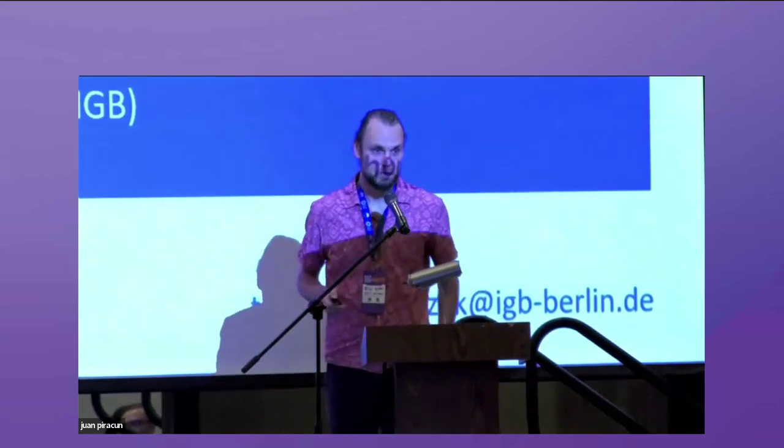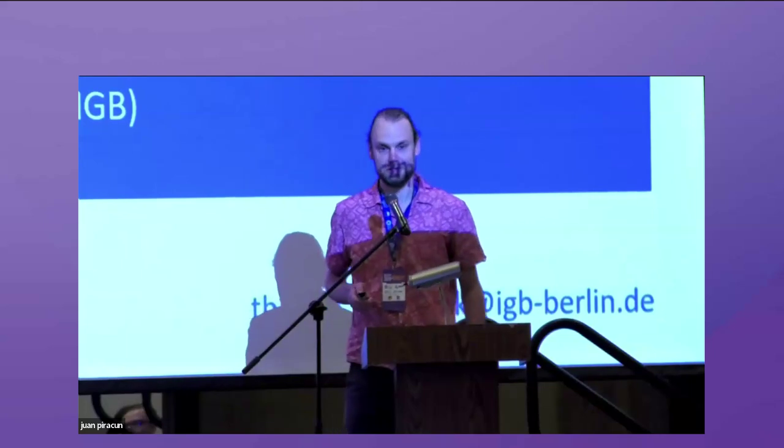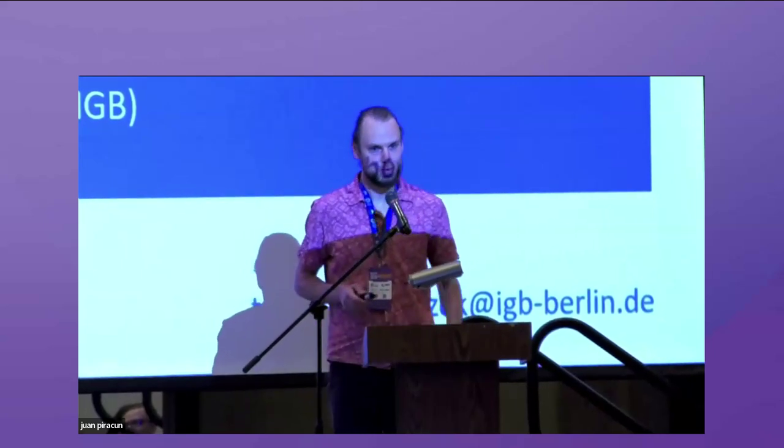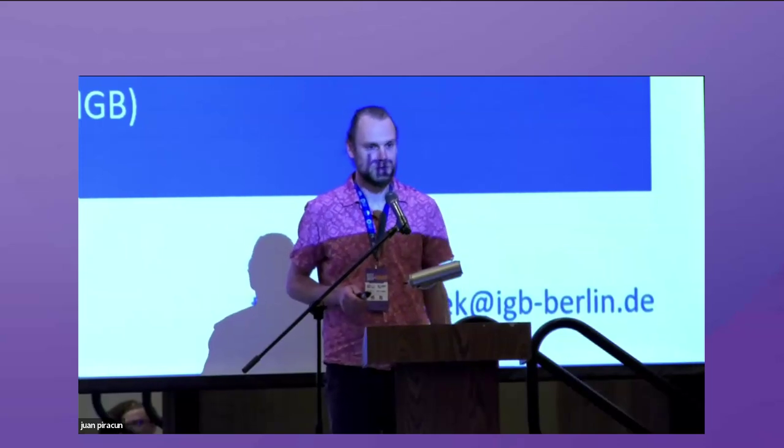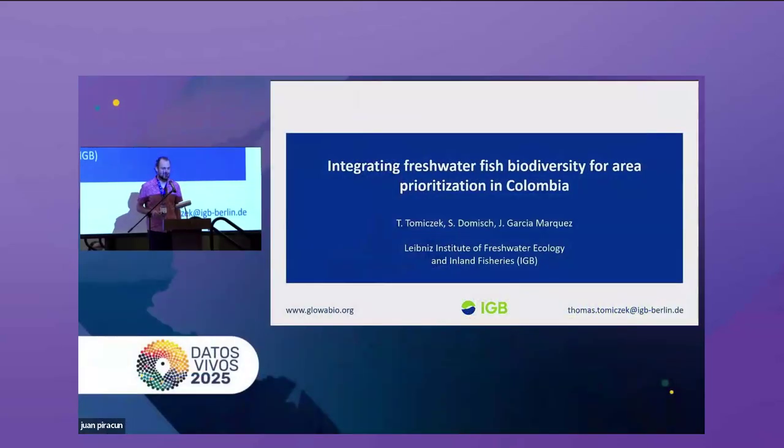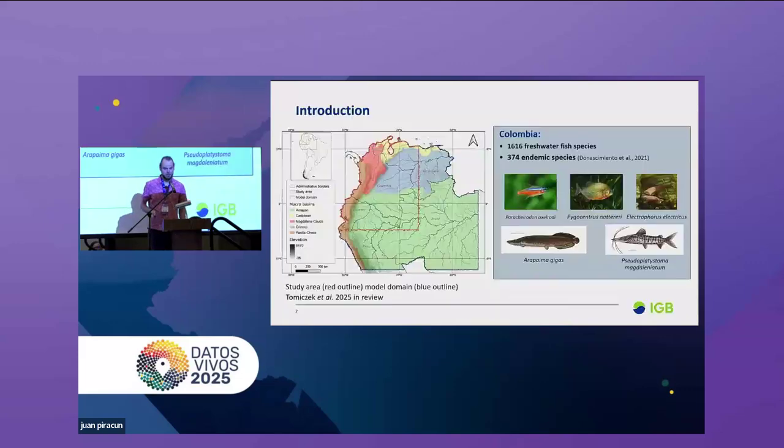I'm actually very happy to be here today and talk about my project, which was my master thesis and which is also now under review, which is integrating freshwater biodiversity for area prioritization in Colombia. And Colombia is home to one of the most biodiverse freshwater faunas in the world, with over 1,600 freshwater species.